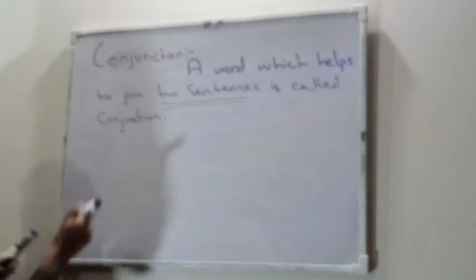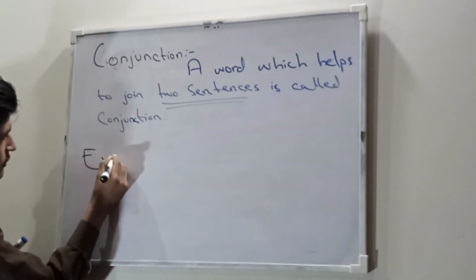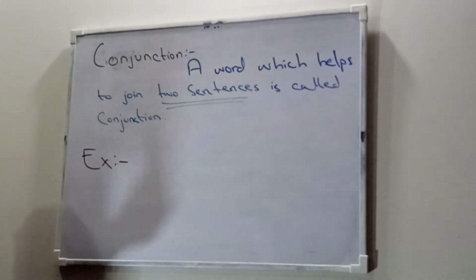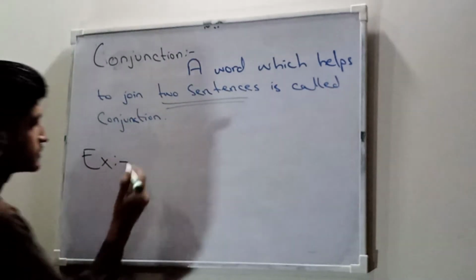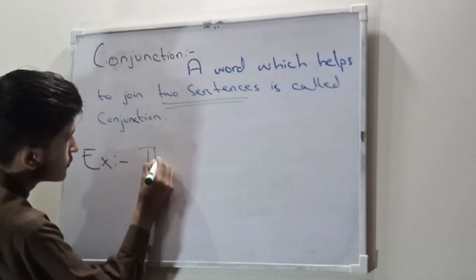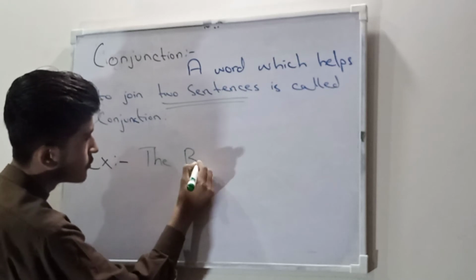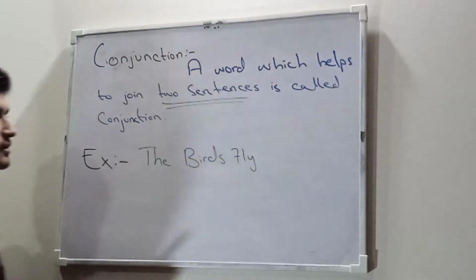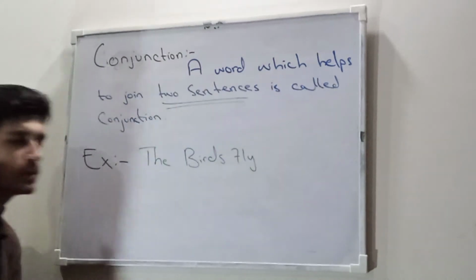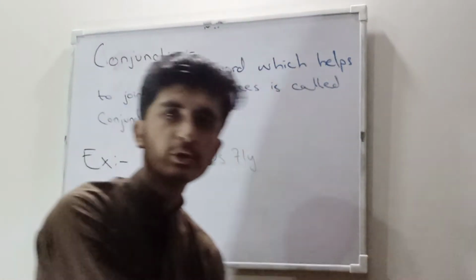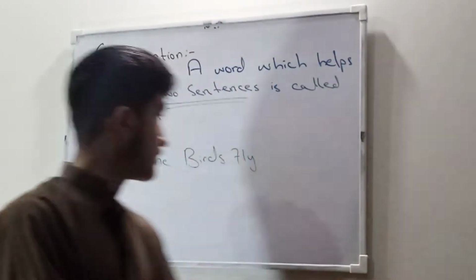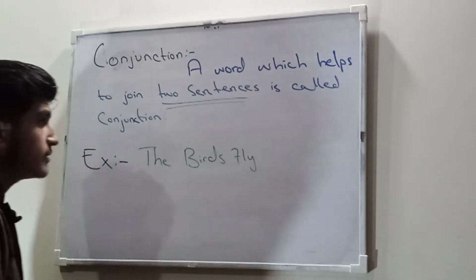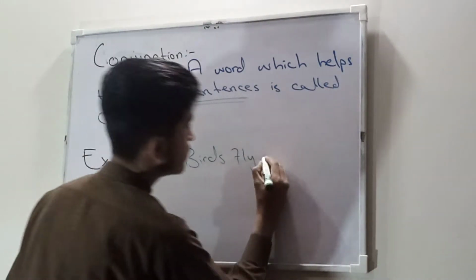How, like, if I write an example of conjunction, I will write that the birds fly. Now it's only one sentence: the birds fly. Now conjunction will help to join the second sentence.